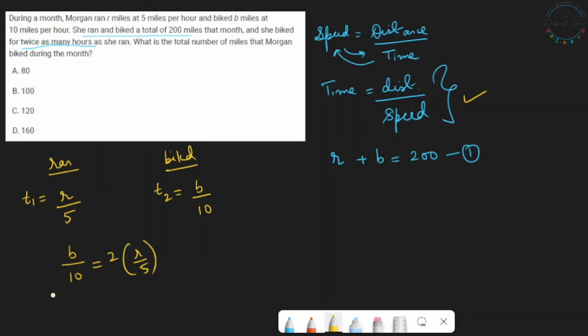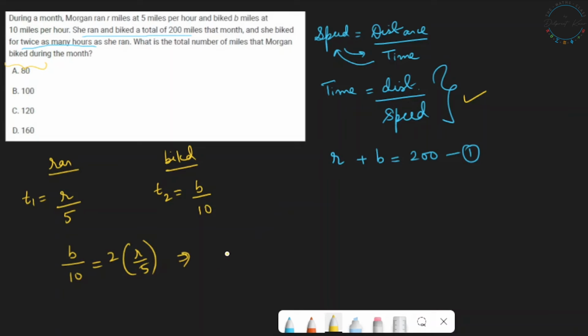With the help of this, we'll be able to find either B in terms of R or R in terms of B. Let's see what we are finding in this question. What is the total number of miles that Morgan biked? We want to find B here. So we will try to find R in terms of B.